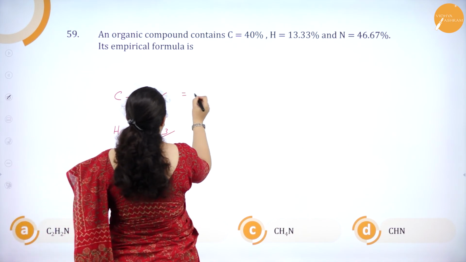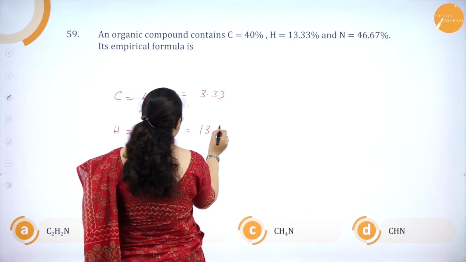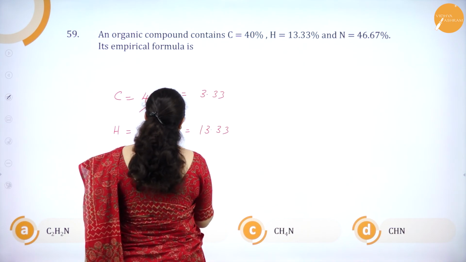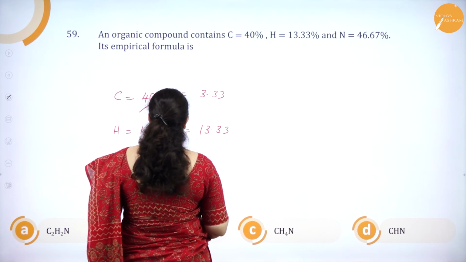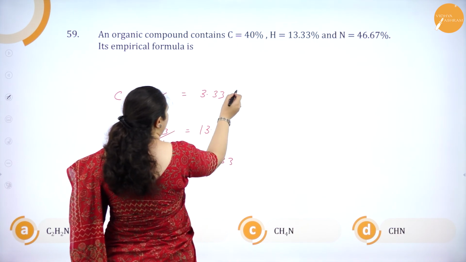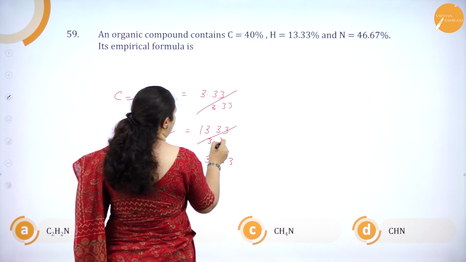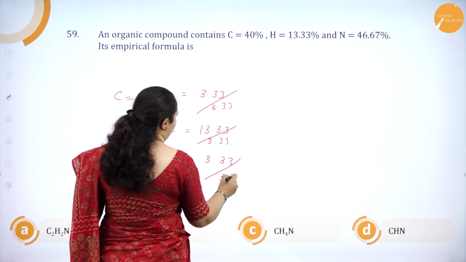So here you will get 3.33, this remains as it is 13.33, and here also you will get 3.33. Now divide by the lowest number, 3.33.